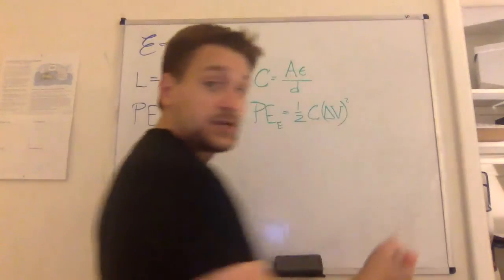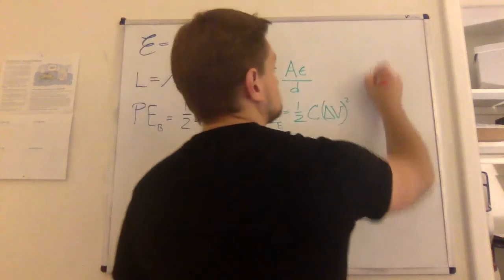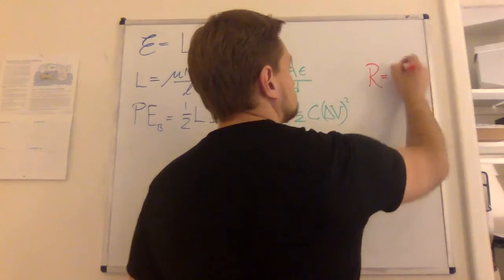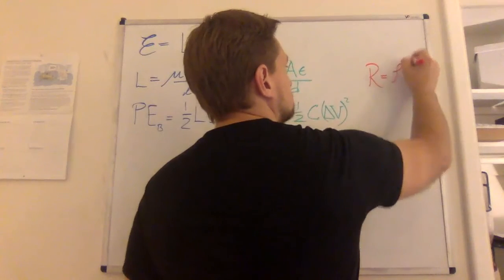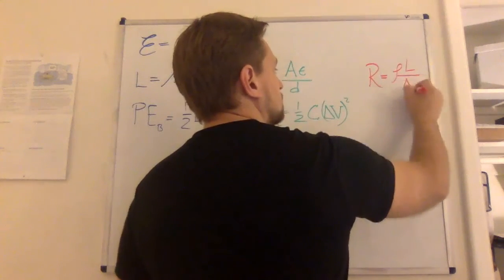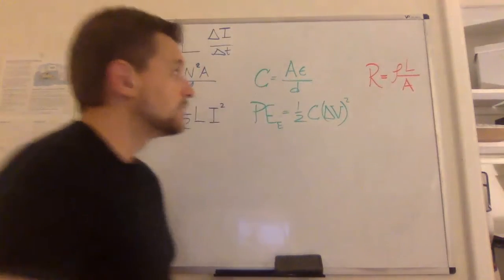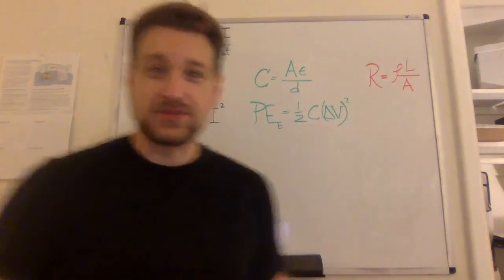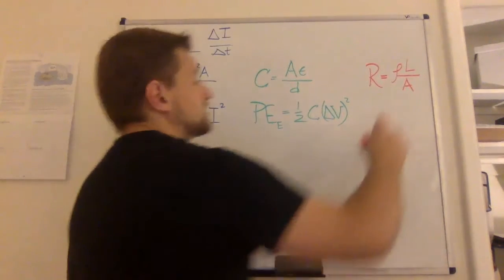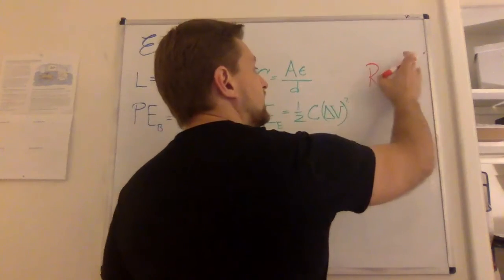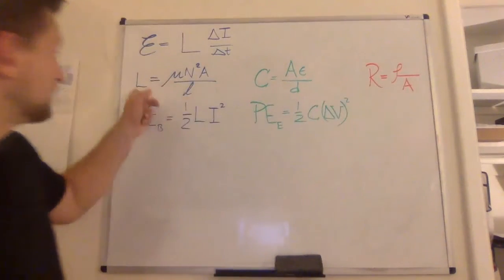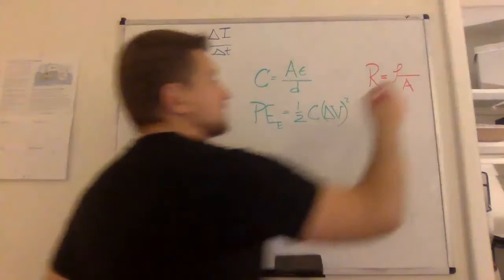We've also talked about a resistor, which depends on its geometry as well. Use a lowercase l here. I don't want to confuse capital L with this capital L. They're not the same, so I'm going to use a lowercase here.